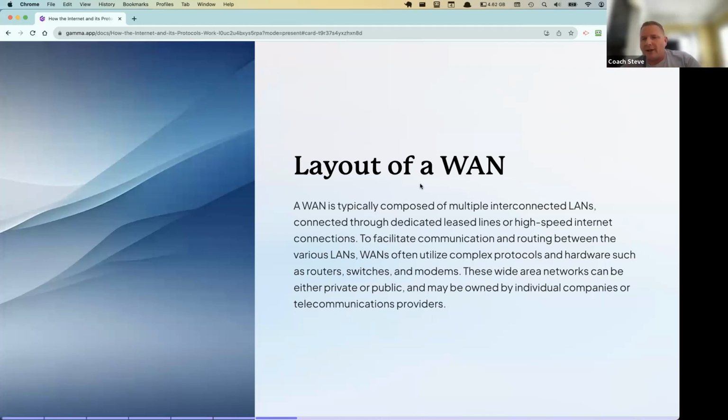Like an office complex downtown, where you may have 5 buildings, each of which has its own LAN, but they connect with each other to send information between computers. So now we're talking about a wide area network, maybe a small community or an office park. Routers and switches and modems are all pieces of hardware that enable multiple local area networks to connect together.